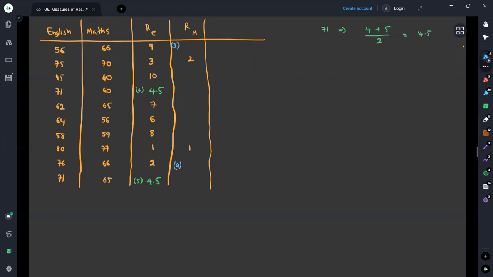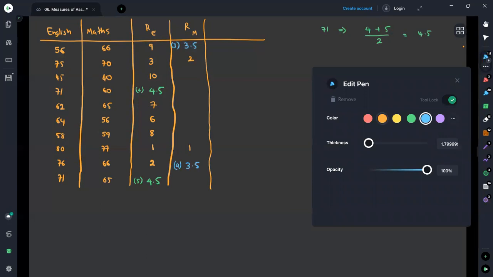We cannot use two different rankings for the same value, so we need to take the average. The average of 3 and 4 is 3.5.